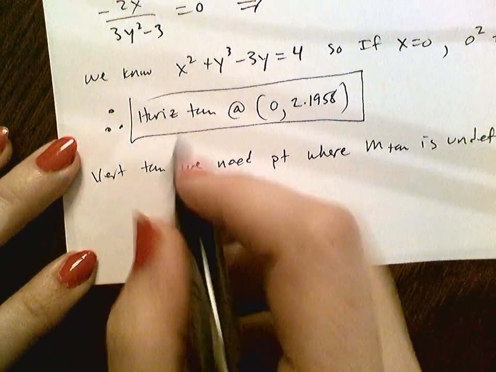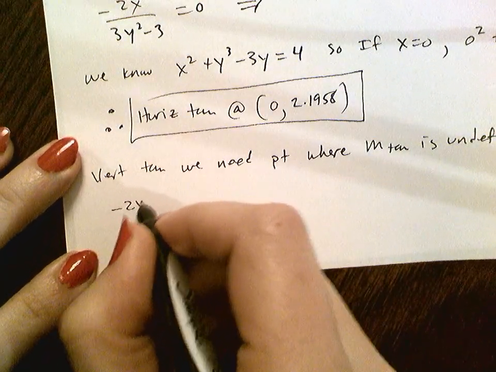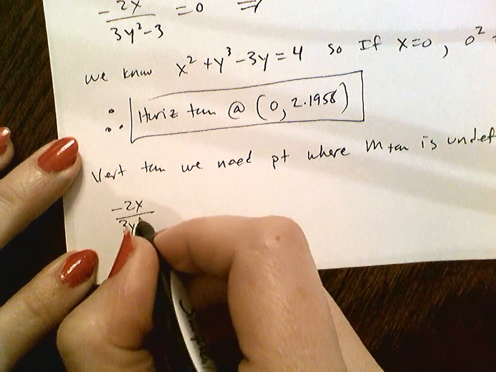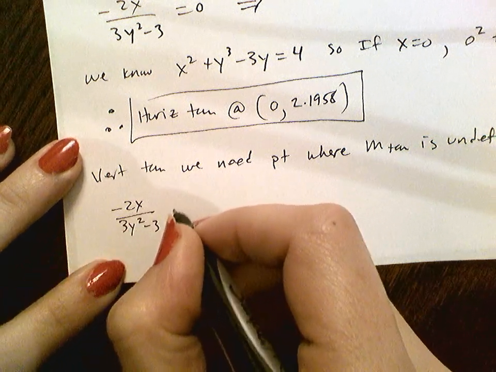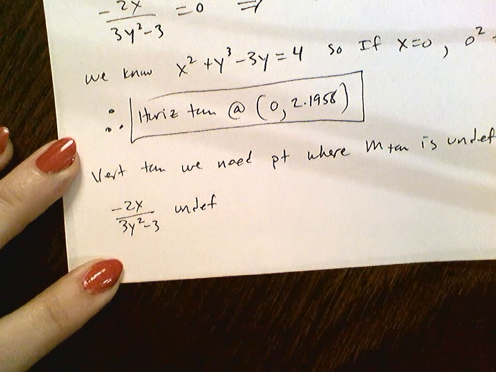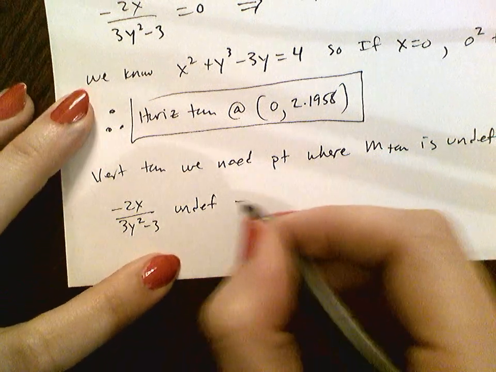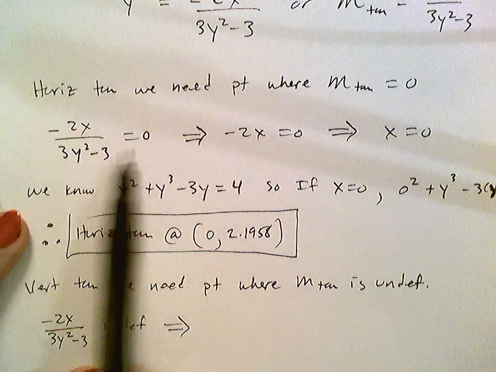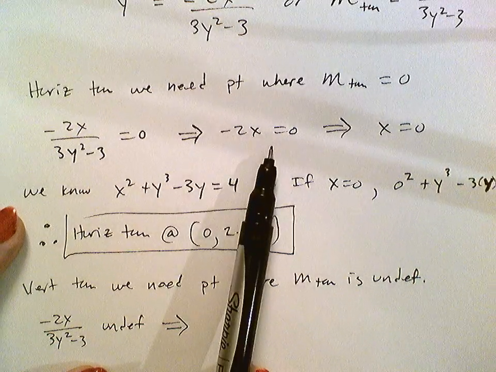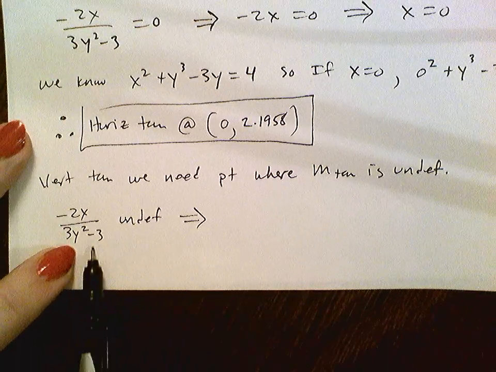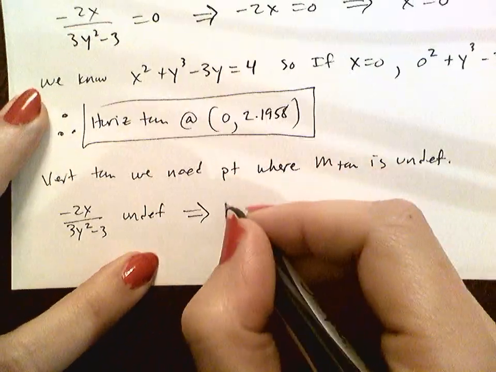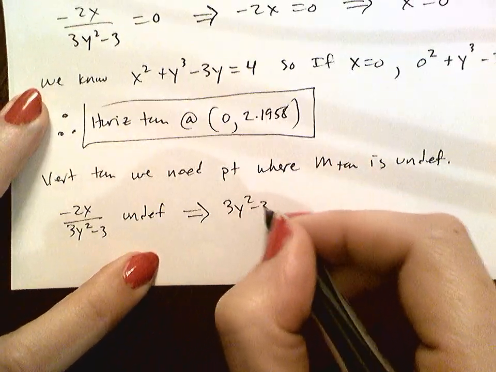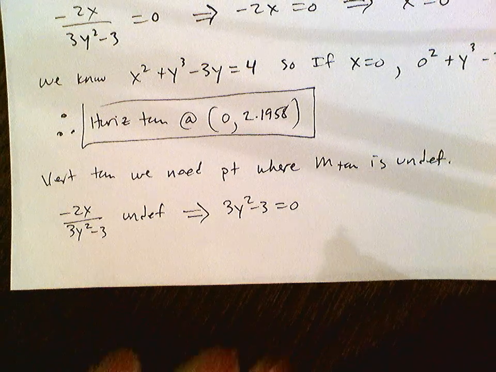All right, so we need negative 2x over 3y squared minus 3 to be undefined. Well, a fraction is 0 if its numerator is 0. A fraction is undefined if its denominator is 0. So I go 3y squared minus 3 equals 0. That's the denominator.